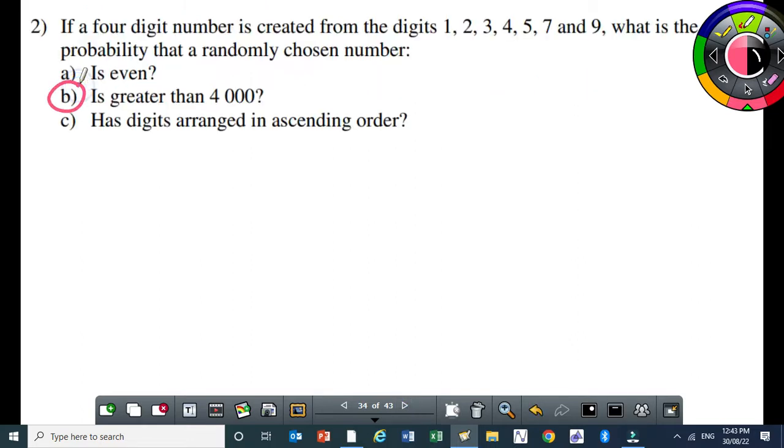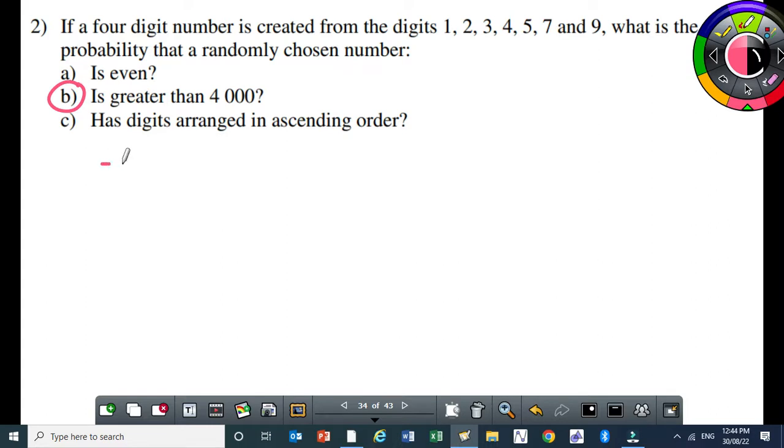Now, B. Can I have your attention? Now, to do B, it says we need to determine the probability that a randomly chosen number is greater than 4,000. So what I'm going to do is determine those 4-digit numbers that are less than 4,000. Then I'll subtract from the total in the sample space.